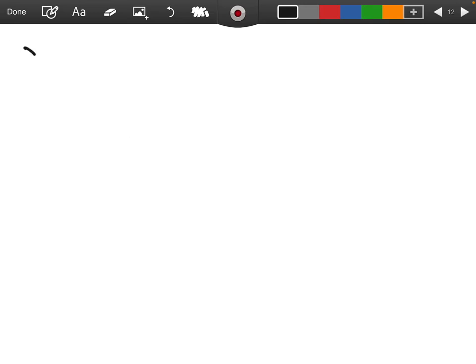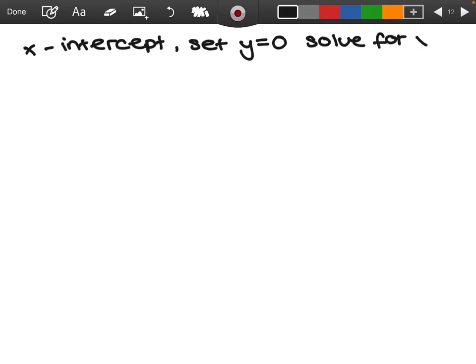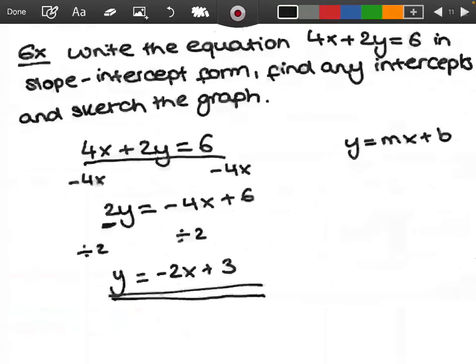So for my x-intercept, I'm going to set y equal to 0 and solve for x. You can do this for either form of our line. I can do this in the general form, or I can do this for the slope-intercept form.